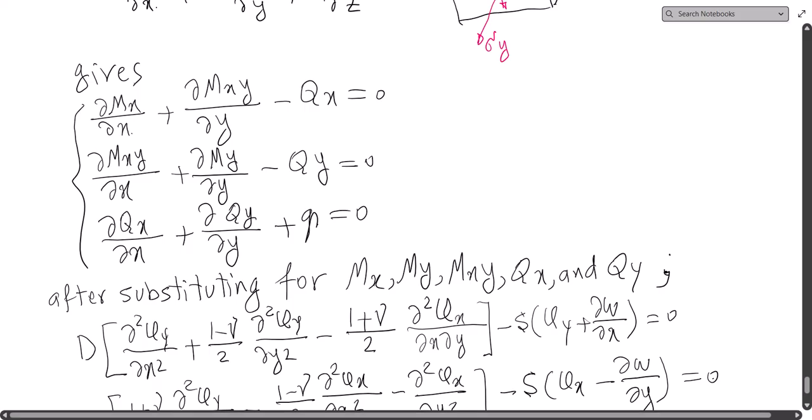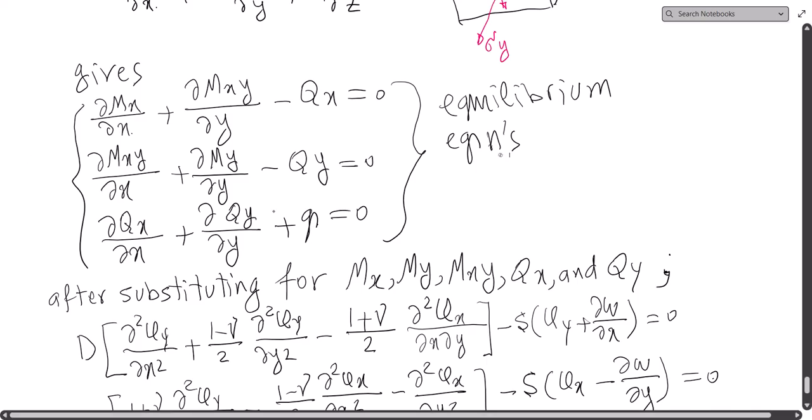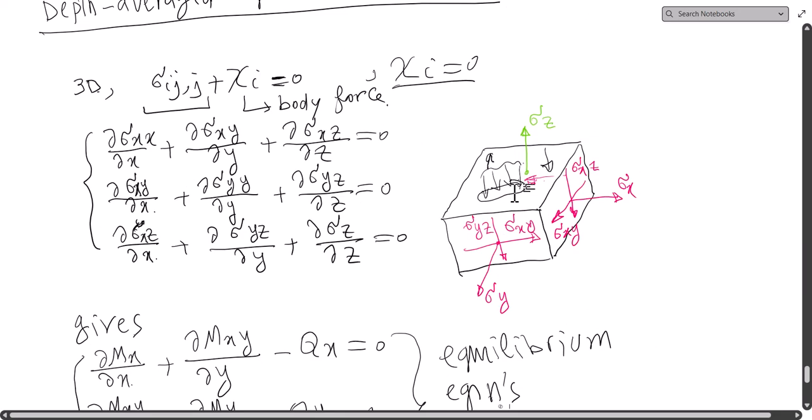So if you like, this is our equilibrium equation in terms of M and Q. This Q, the lowercase q, is the pressure, or shall we say the load, which is applied on one side of the plate, usually the top surface, and this is the force per unit area.